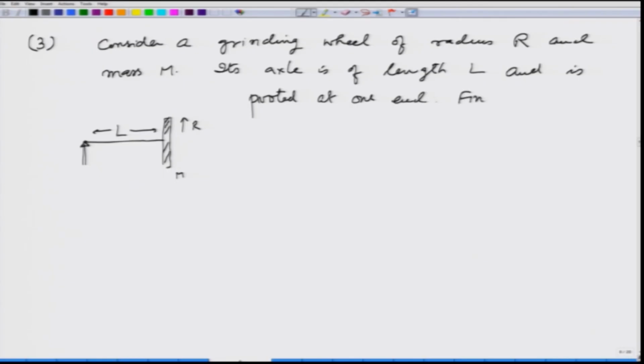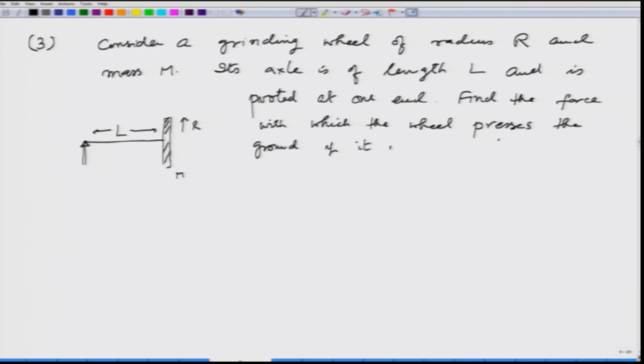Find the force with which the wheel presses the ground if it is pulled with speed v.